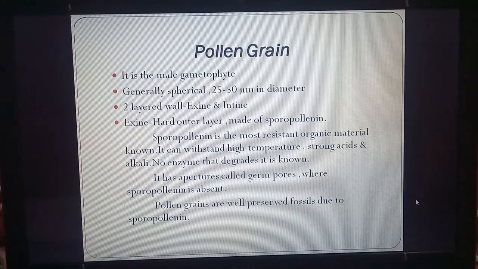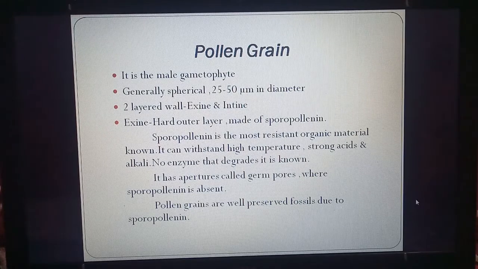But at some places it has apertures called germ pores where sporopollenin is absent. So what will be the function of germ pore? It will help in the coming out of the pollen tube. The pollen grains are well preserved fossils due to sporopollenin.